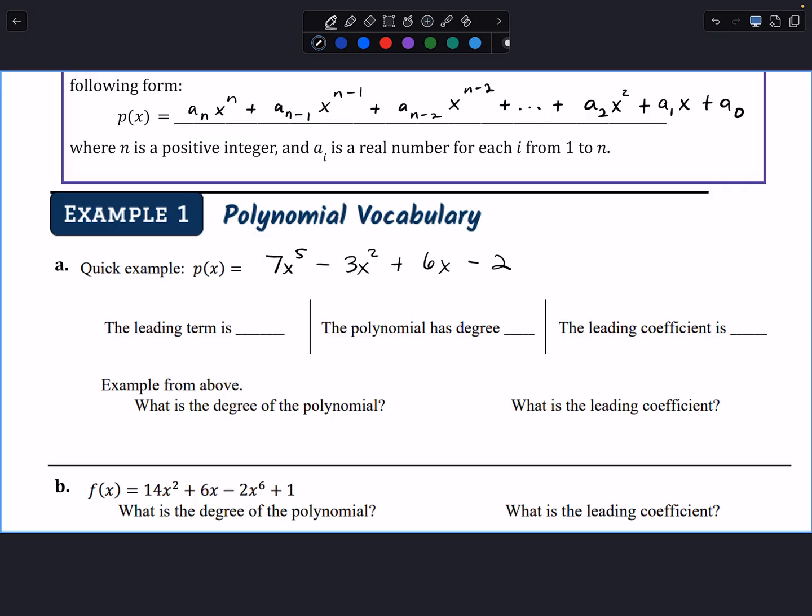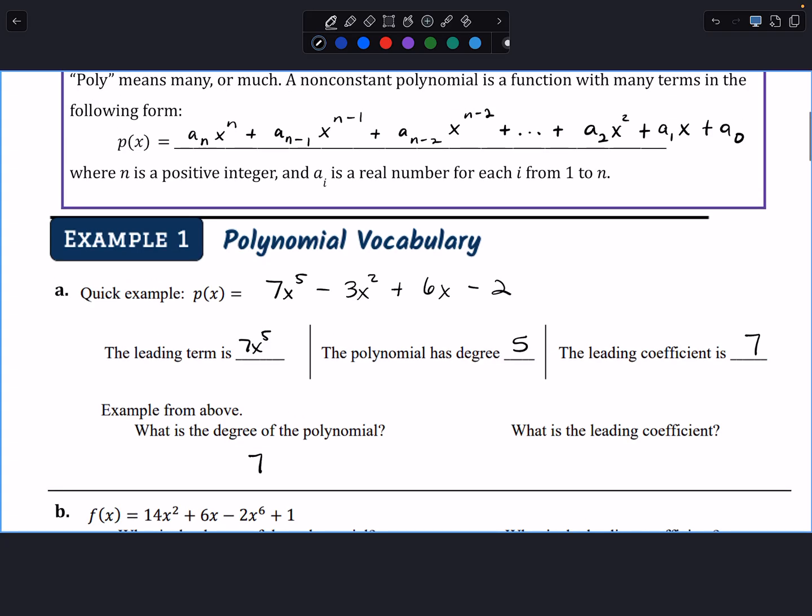So if I ask you, what's the leading term? What's the very first thing I wrote down? Not just 7, the whole thing: 7x to the 5th. This polynomial has degree what? 5. And then the leading coefficient is 7. So 5 and 7.